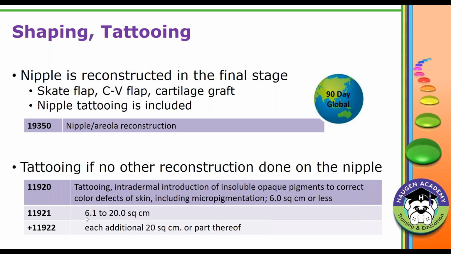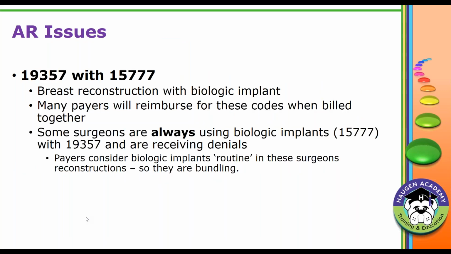And a quick note for AR issues. 19357 with 15777 would represent the breast reconstruction with biological implant. Many payers will reimburse for both of these codes when they're billed together. Sometimes surgeons are always using biologic implant, so 15777 with the 19357, and they're receiving denials stating that this is routine, so they're bundling these.